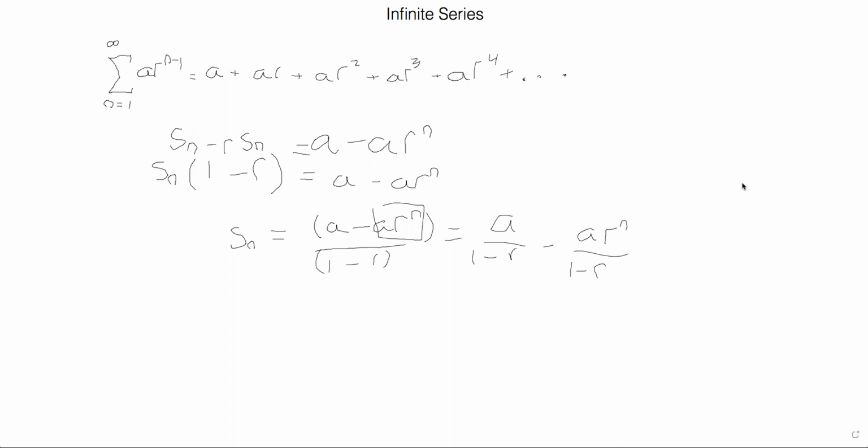So far we have this, and we know that this whole thing is just going to become 0 as n tends to infinity. So we could say that the sum, what if we wanted to take the infinite sum of all these, the infinite series? We know this becomes 0. So what that means is that total sum is going to only be a divided by 1 minus r.